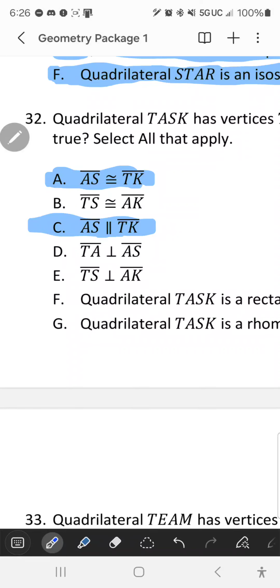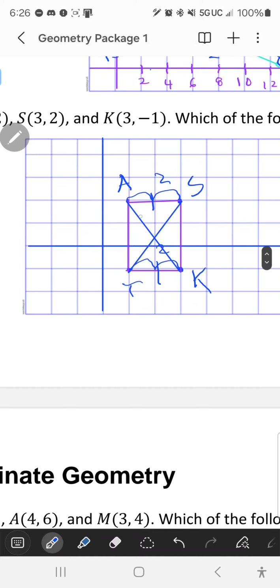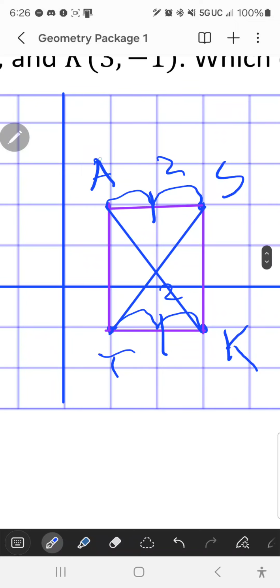TA perpendicular to AS. Yes. Why? Because this is a straight line up, and this, let me draw in a better way, is a straight line in the horizontal direction. So this is up and this is right, and there is nothing diagonal, so they are perpendicular to each other.